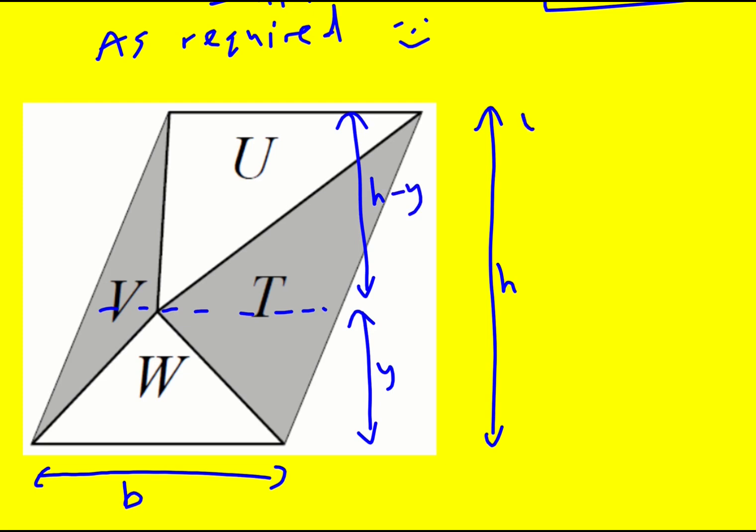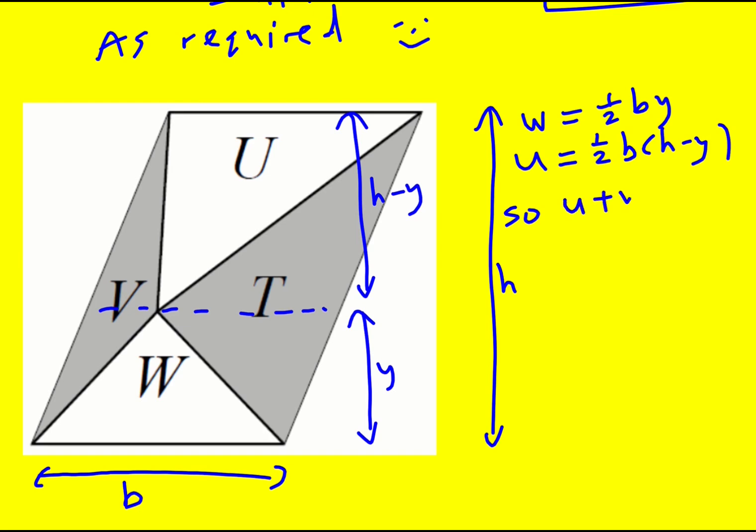So then W is going to equal a half base times Y, and U is equal to a half. It's like an upside down triangle, but it's still going to be half base times height. It's going to be a half base times H minus Y. So U plus W is going to equal a half BY plus a half BH minus a half BY when I expand that bracket.